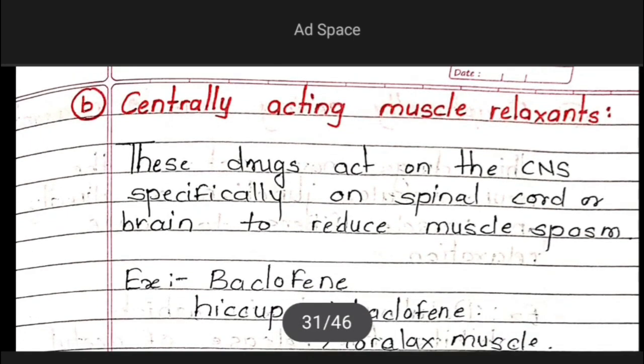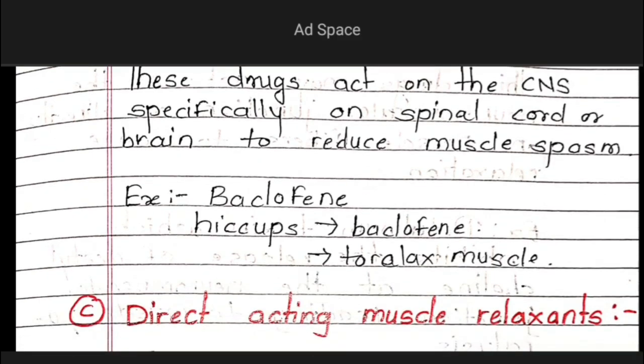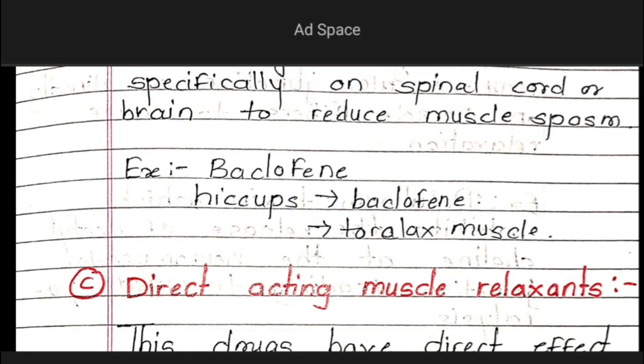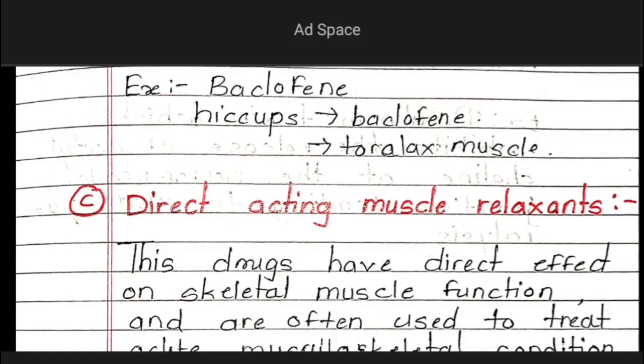Point B. Centrally acting muscle relaxants. These drugs act on the central nervous system, specifically on the spinal cord or brain, to reduce muscle spasm. For example, baclofen, used in hiccups and to relax the muscles.